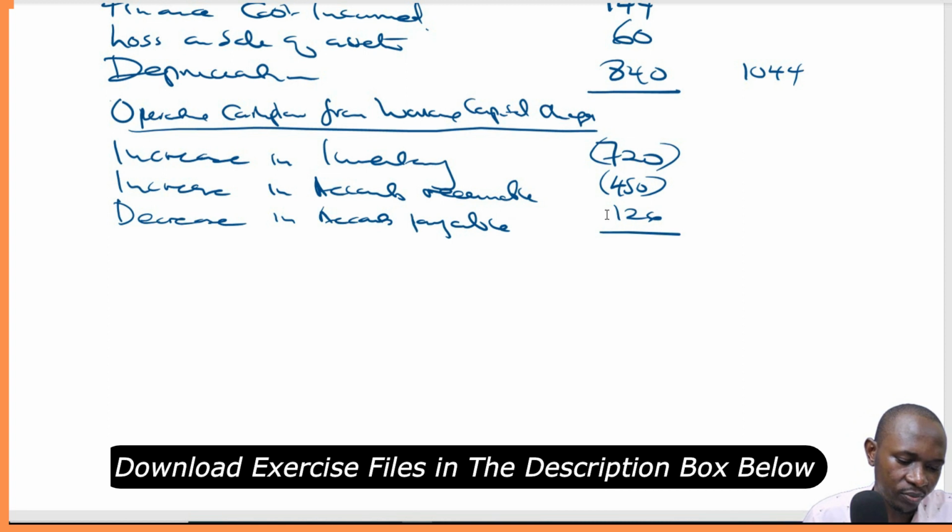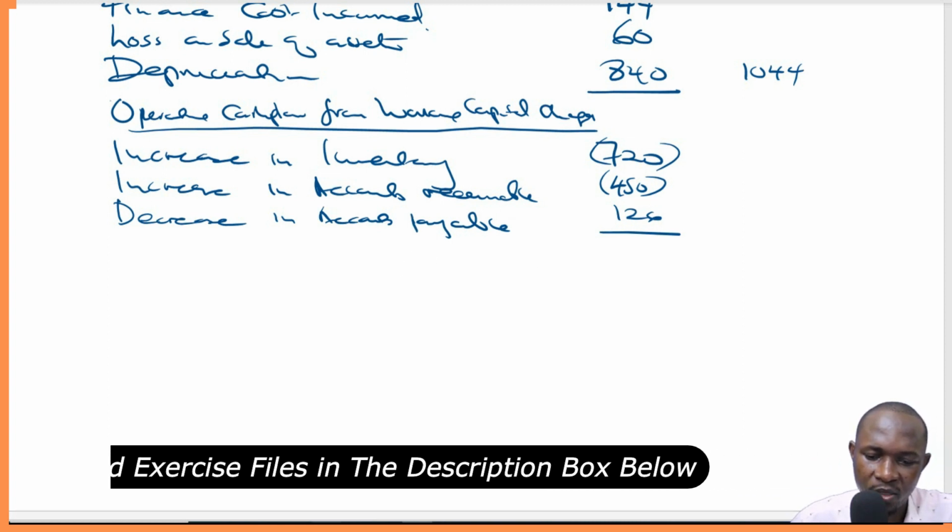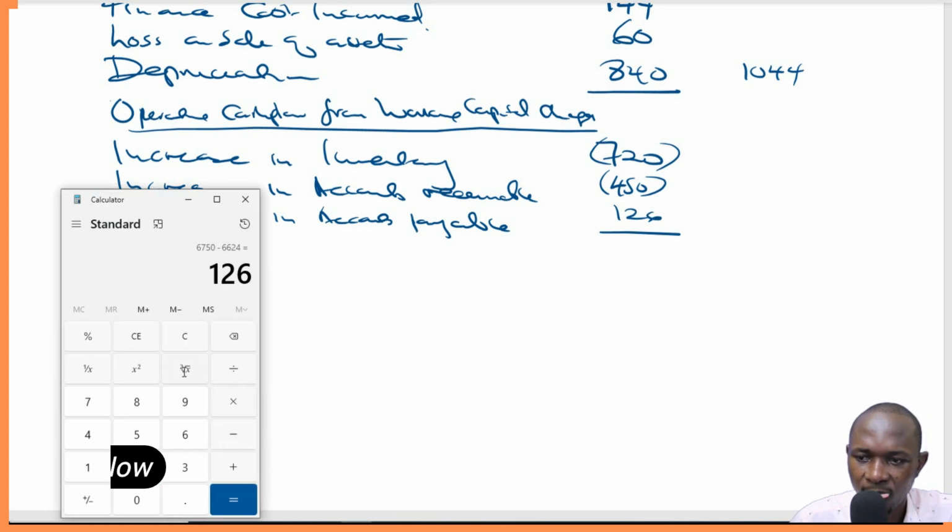So this will be 126 minus 450 minus 720. That gives us 1044.